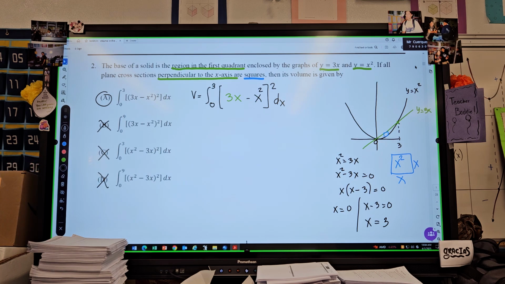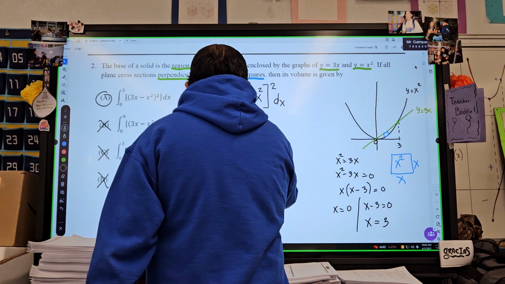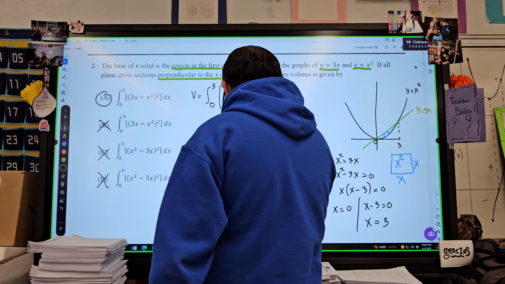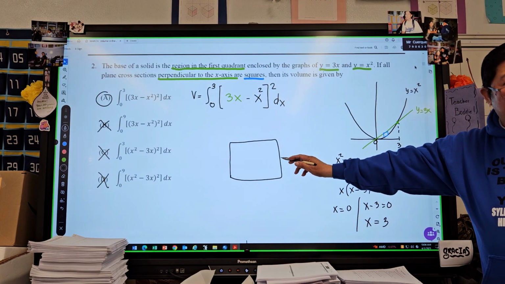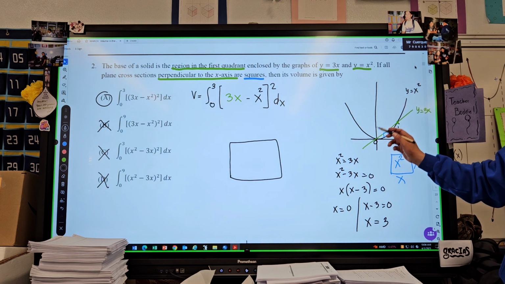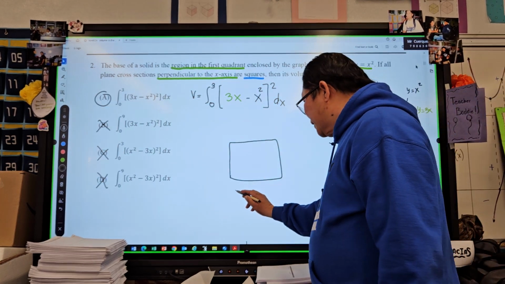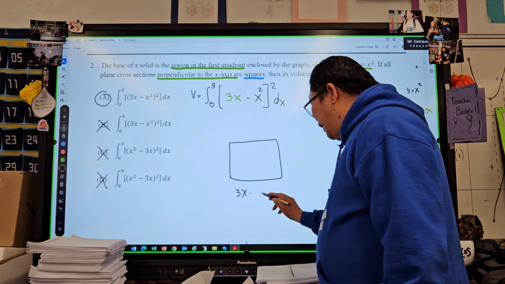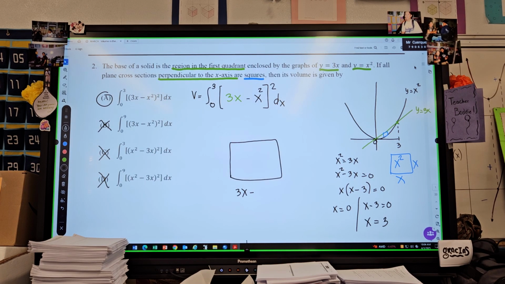Another way for you to look at this: what is this? A square, right? And that square covers the top. What is the top? 3x, right? You can formulate it as 3x minus the bottom. What is the bottom? X squared.